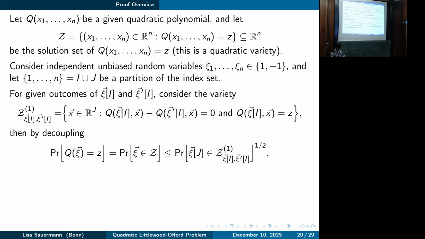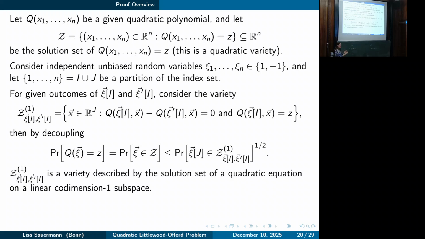Well, the gain is that our idea is to make the problem more and more linear. The way we want to look at this now is that we have this variety described by one linear and one quadratic equation, but we can equivalently say that it is the solution set of a quadratic equation on a linear codimension 1 subspace. So this variety has this linear equation, so it lives in a linear codimension 1 subspace, and on that subspace I have an additional quadratic equation, and that describes my variety.